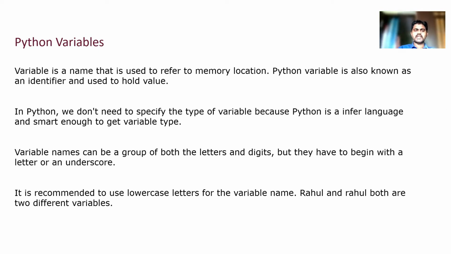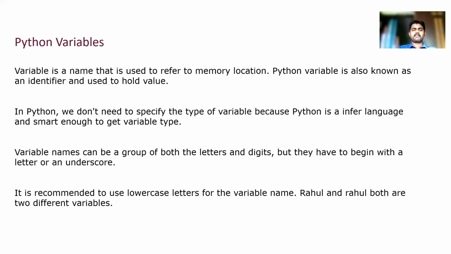So a Python variable is also known as an identifier and is used to hold a value. Python variables can also be called identifiers. The identifiers will hold the value. In Python we don't need to specify the type of variable, as we already discussed. For example, in a C program we should specify int a equal to 10 or float a equal to 10.5.